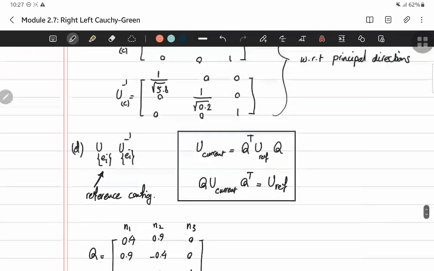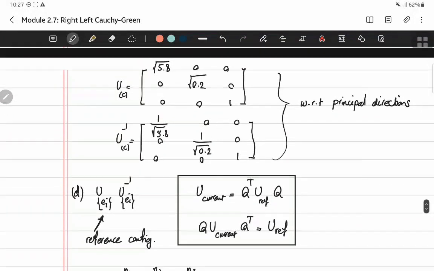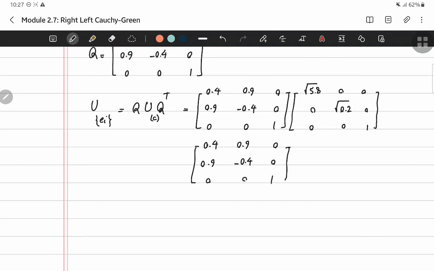Then square root of 5.8, square root of 0.2, and then 1. And then I have Q transpose: 0.4, 0.9, 0, 0.9, minus 0.4, 0, 0, 0, 1.